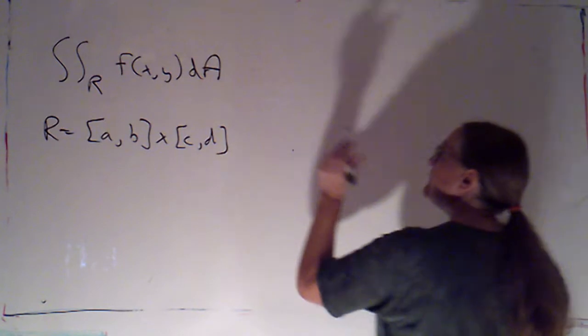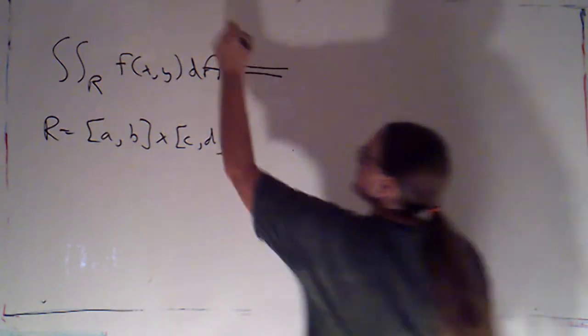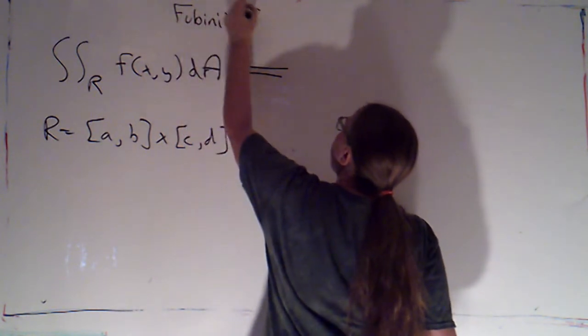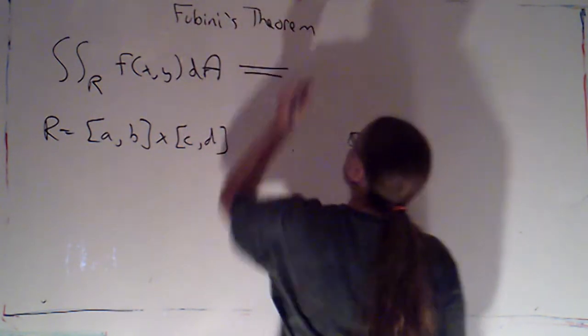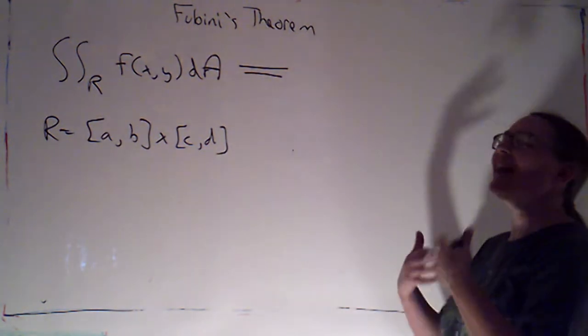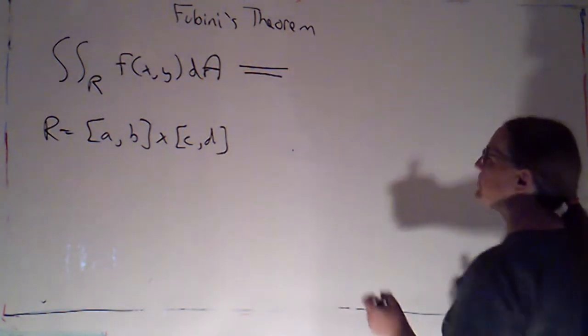Fubini's theorem says that I can do that as an iterated integral and I can slice either way, which means I can integrate in either order.